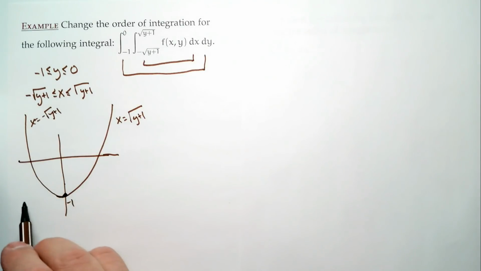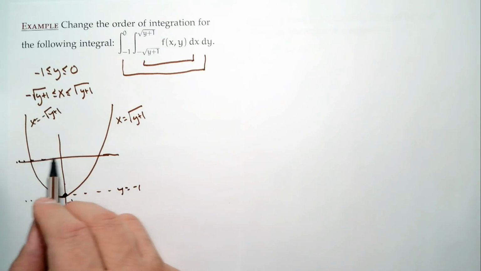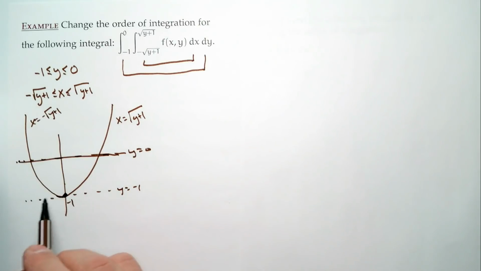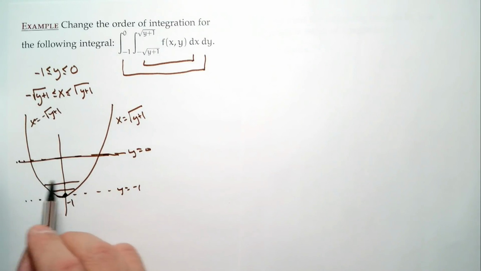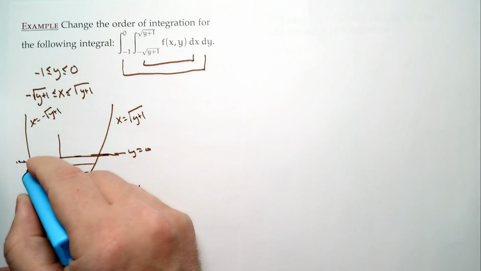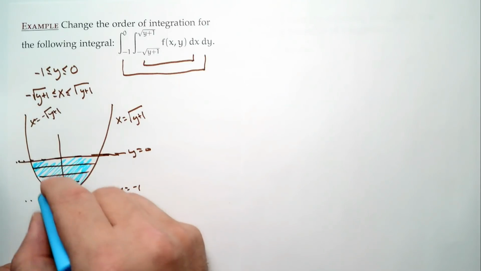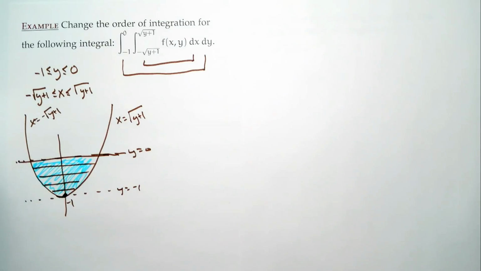This is y equals negative 1 down here. Y equals 0 is up here. So what's happening is we're slicing between these two curves. Our region is this bottom part. It's a bowl shape. So that's our region that we're integrating over.